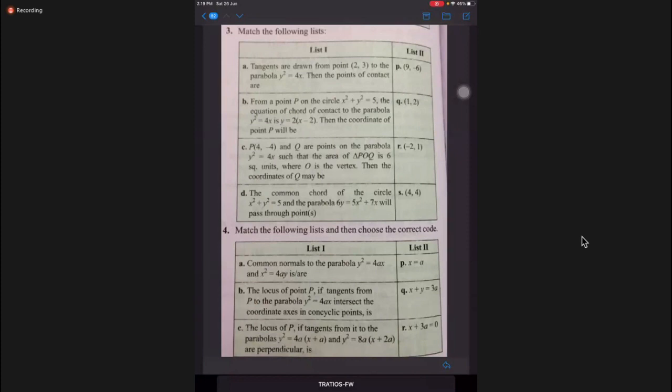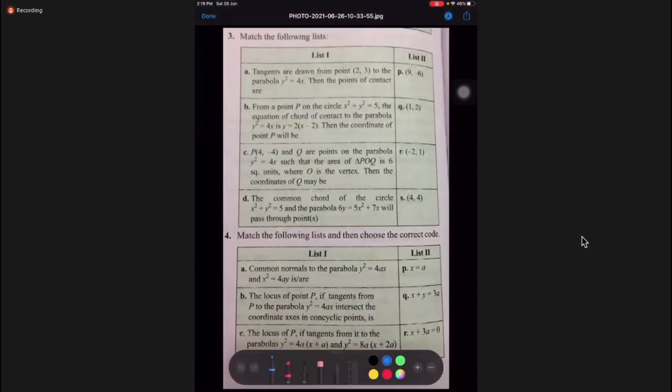If you put the point here, 9 minus 8 is more than 0, therefore the point 2 comma 3 lies outside the parabola y square equal to 4x. What they are asking, from here if I draw the tangents, what is this point they are asking?